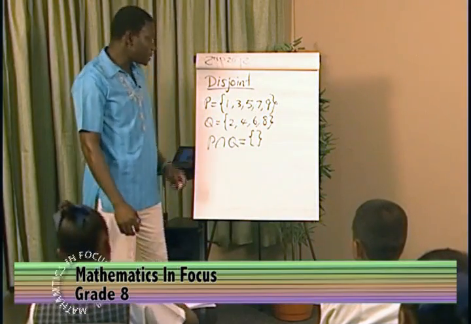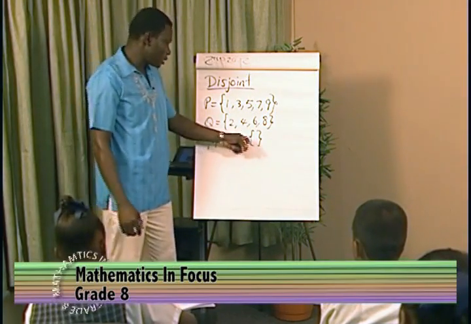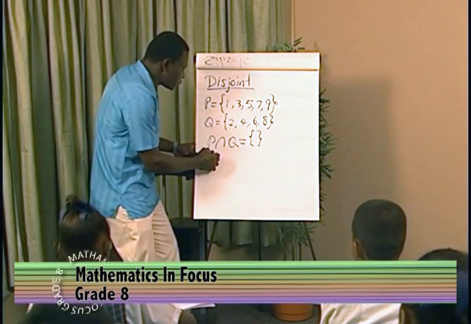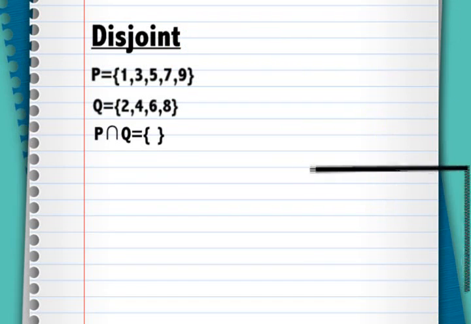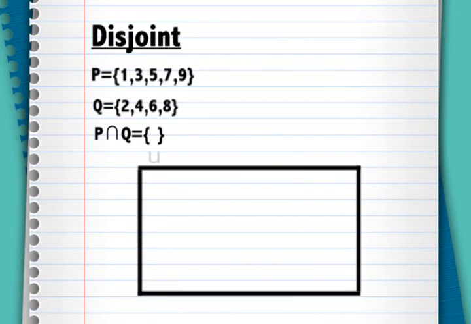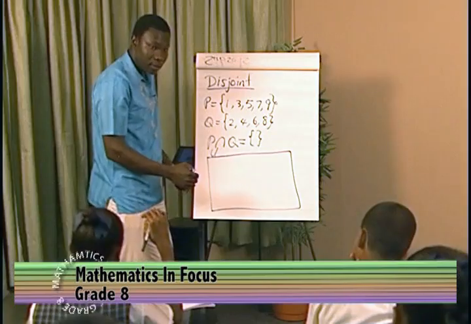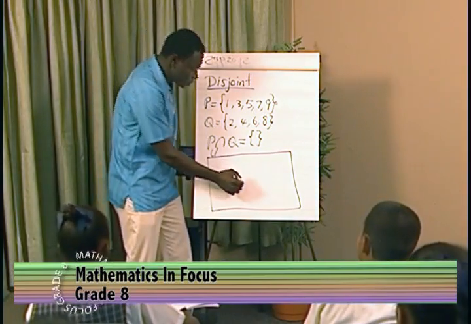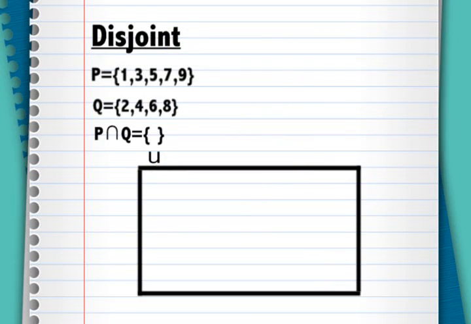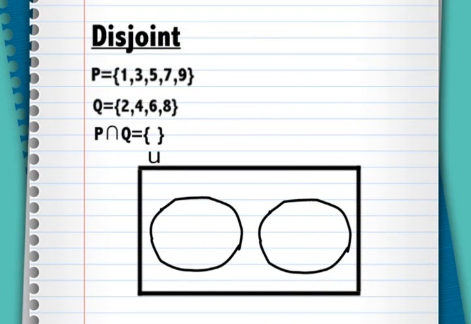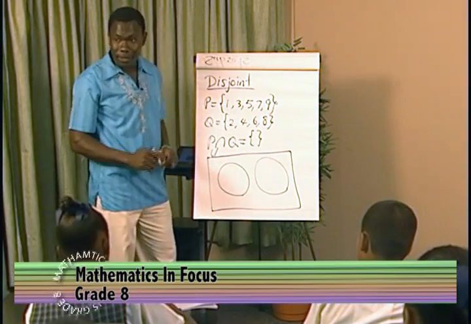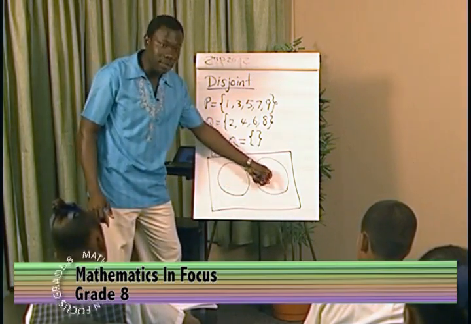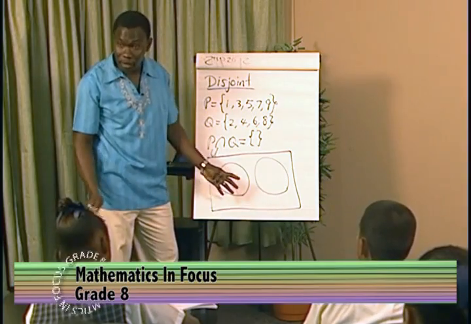We could also use the other symbol to denote the empty set. If we were to show this on the diagram, will we draw the loops crossing each other, intersecting each other? No, sir. So this is a universal set. We draw the sets separate so that anyone looking at this diagram will see that these sets have nothing in common.